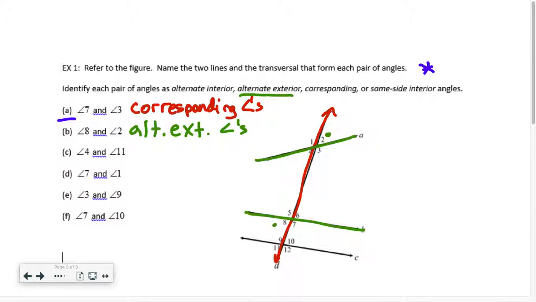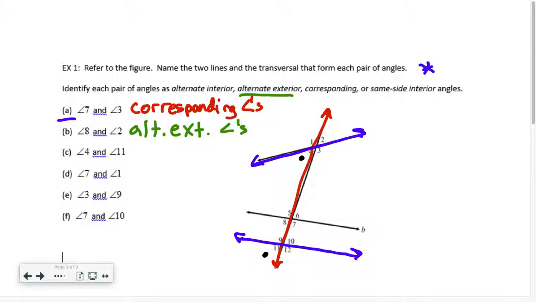Let's do one more together here. Okay. 4 and 11. So 4 is there, 11 is here. So the transversal here, again, the transversal is D. That's not going to change. The lines that we are talking about, though, A, and in this one, we're not using B, we are using C. So we can kind of ignore B being a part of this.